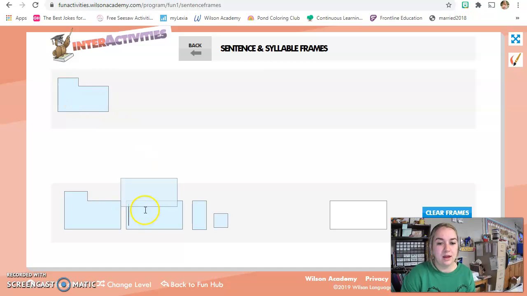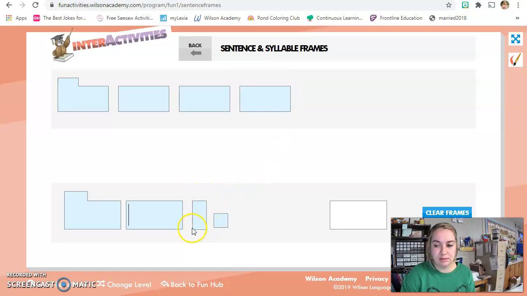So we have two mops. And the last thing I need is my ending mark. I either have a tall frame or a regular square frame. My tall frame is for my question mark and my exclamation point. If I say we have two mops, am I asking you a question?